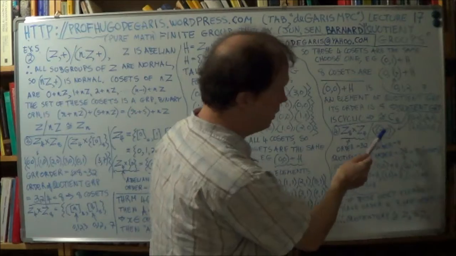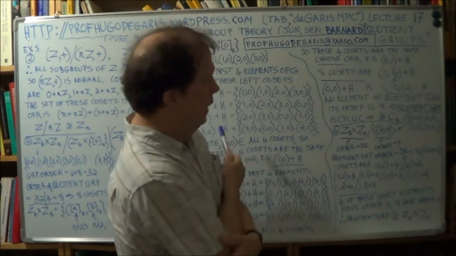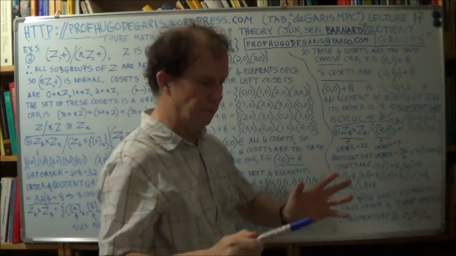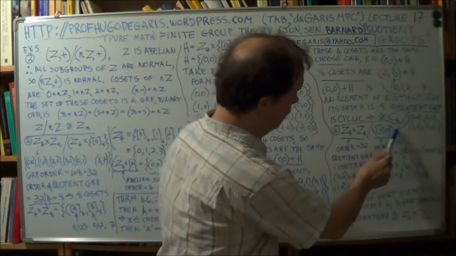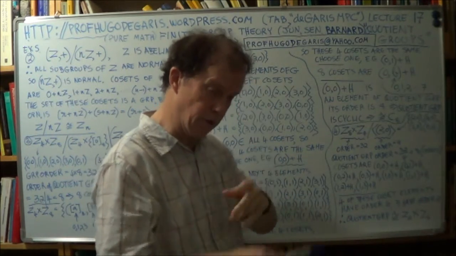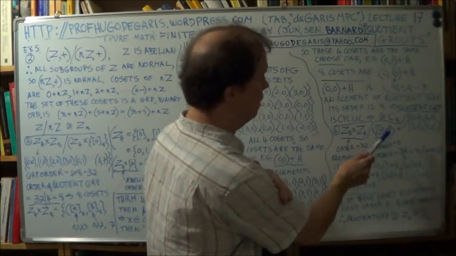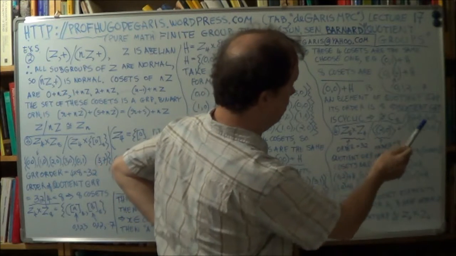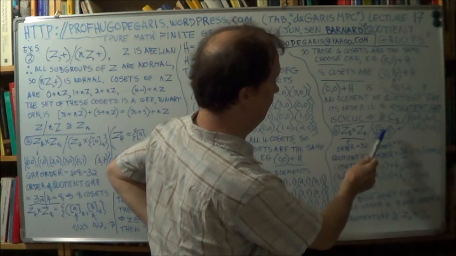Now, what's the group generated by this element? Well, I've written it here. The group generated by this, that's what the angular brackets mean. You find the set or the group of increasing powers of this member. So this to the power 0 is the identity.